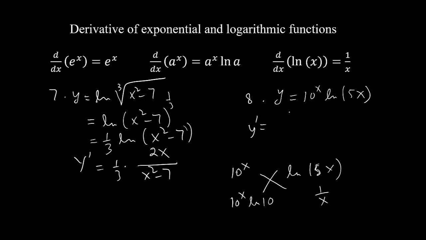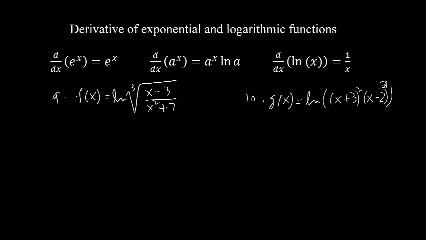So you get y prime equals 10 to the x natural log 10 times natural log 5x. I'm doing this way first, but if you do other way, nothing wrong. Plus other side, 10 to the x over x. You are done.